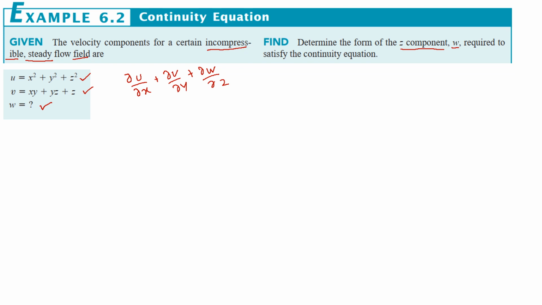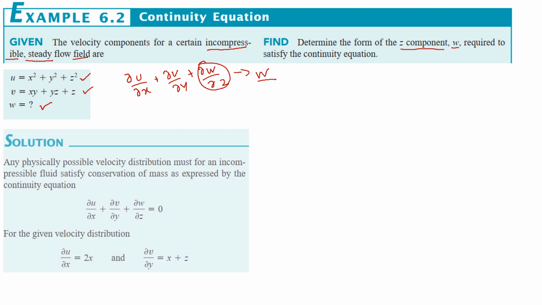We will use this information to find this term right here. From this term we will get our velocity component, that is the z component of this velocity. So this is our continuity equation that we are going to use, that we derived for steady and incompressible flow. Right now what we need to do is to rearrange this equation in terms of partial w over partial z, and then find these two terms and write them in that equation.